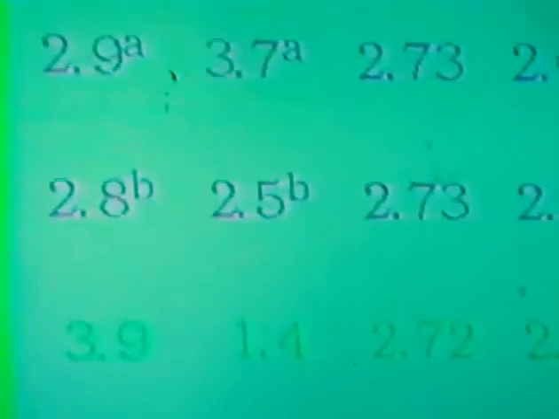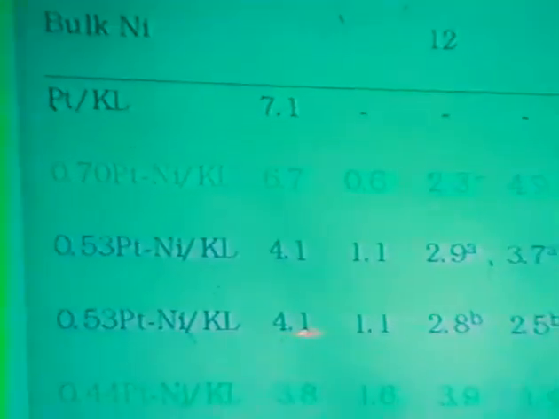Now, having said that, I must confess that these results are not entirely internally consistent with respect to the coordination numbers. If I really had a 50-50 mixture and I was making a true alloy intermetallic compound, then there ought to be a 2-to-1 ratio for the platinum-platinum to platinum-nickel, or for the nickel-nickel to nickel-platinum ratio, and we don't see that.